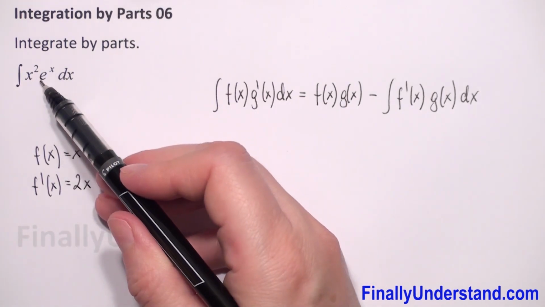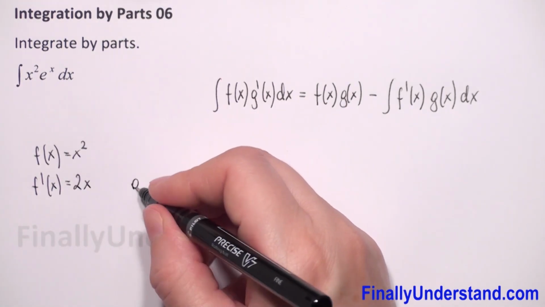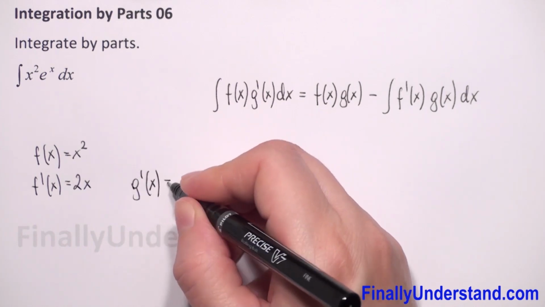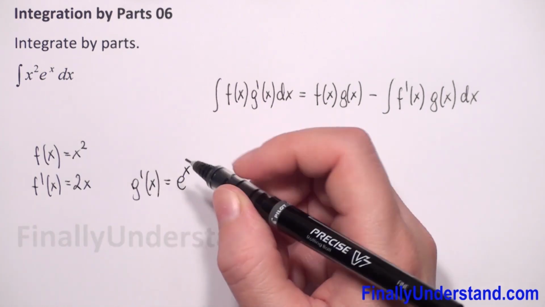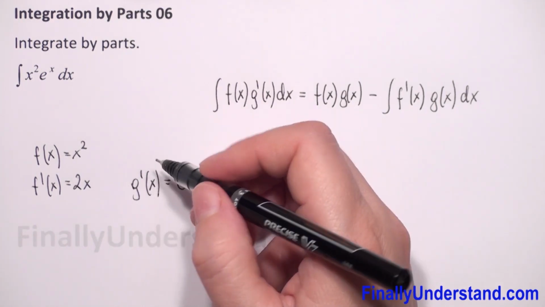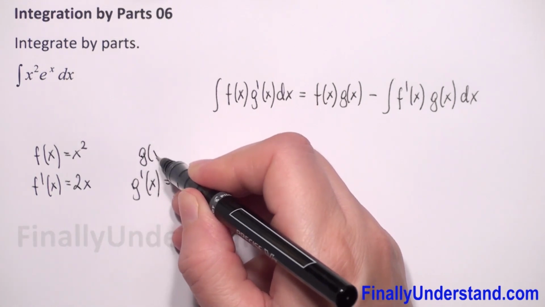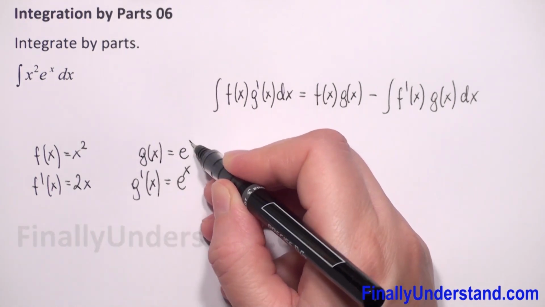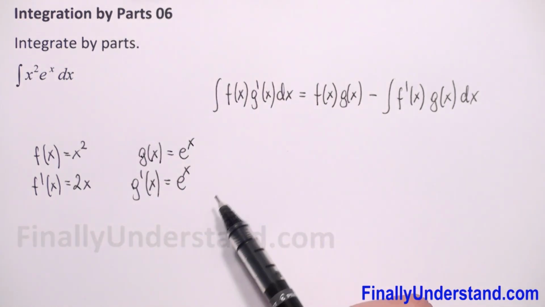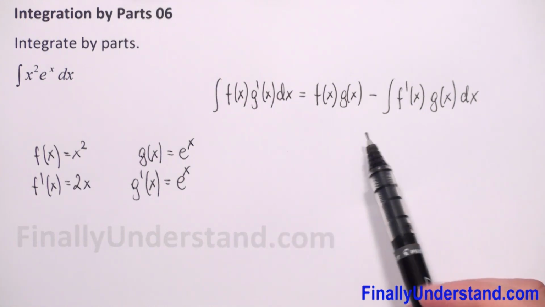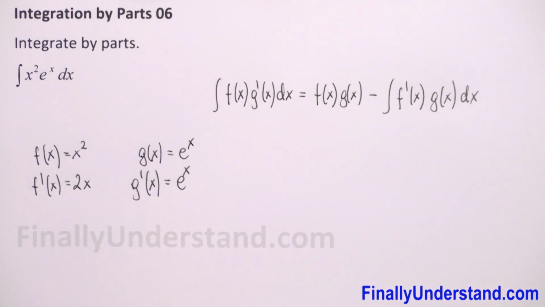Now, what is left? We have e to the power x. So our g prime of x is equal to e to the power x, and the antiderivative of e to the power x is e to the power x. So now we can use this formula. We have everything.